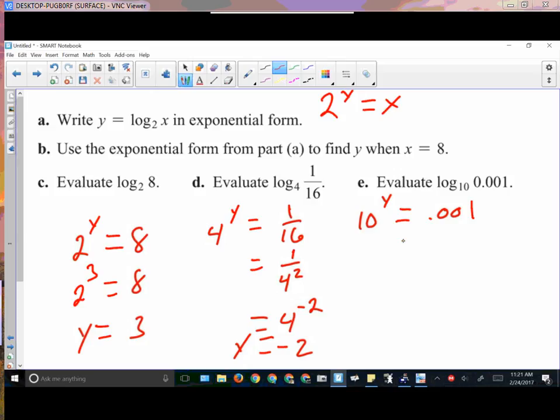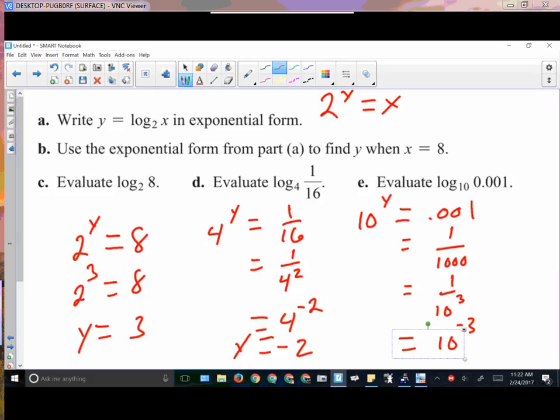Okay. So this is going to be equal to 1 over 10 hundreds, thousands. 1 over 1,000. Can I rewrite 1,000 as 10 to some power? Well, wouldn't that be 1 over 10 cubed? And wouldn't that be the same as 10 to the negative 3?